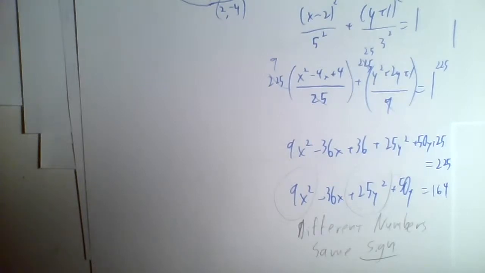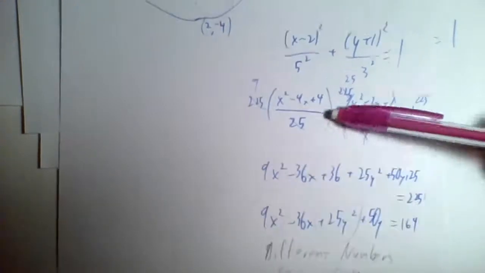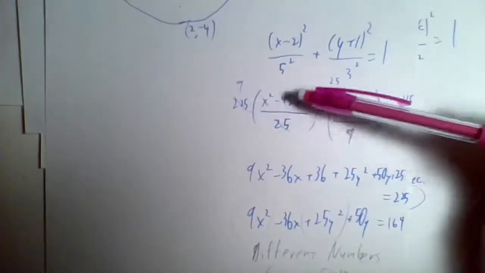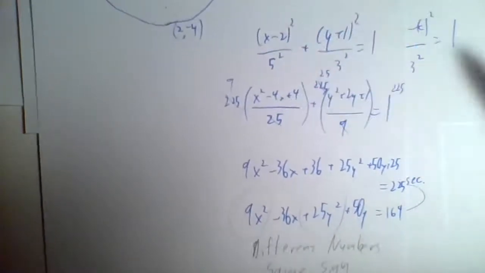So if I start off with an equation that has those things, then I know it's going to end up as an ellipse. If I need to get the particulars for the graph, then I got to push it into that nice graph form where I have the perfect squares. So that involves, if you think about reversing these steps, some factoring and some completing the square stuff in there.